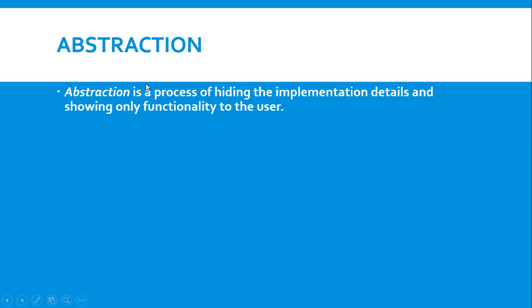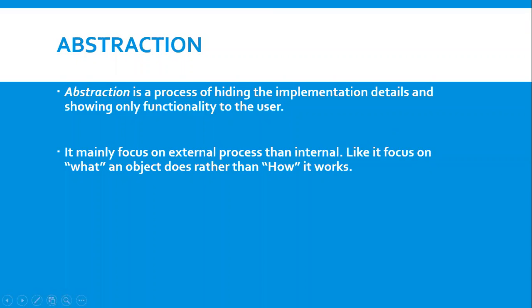The abstraction doesn't have any implementations; it will show only the functionality. It mainly focuses on the external process rather than the internal. That means it focuses on what an object does rather than how it works. I think all of you know some idea about abstract classes. It says what it will do rather than how it will do.